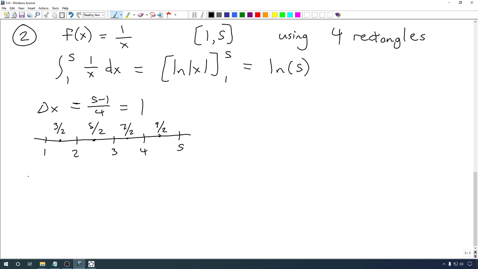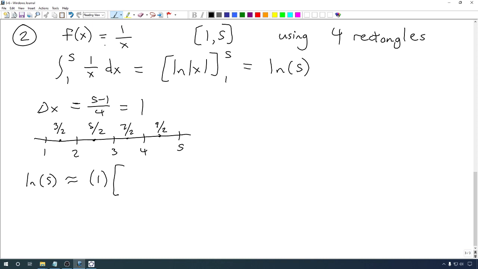That means our integral is just ln of 5. So we're approximating ln of 5 by taking delta x, which was 1, times the sum of the function at each of these points. So what is f at 3 halves? Well, remember f is 1 over x.